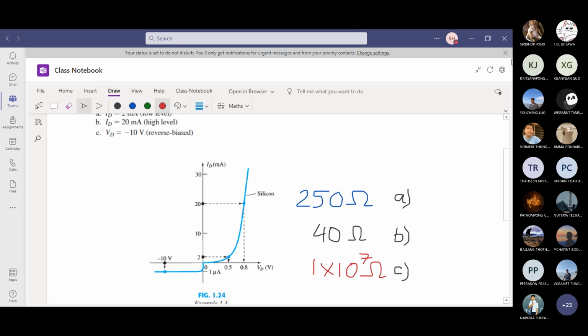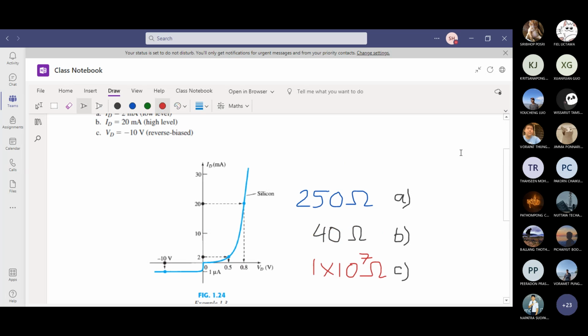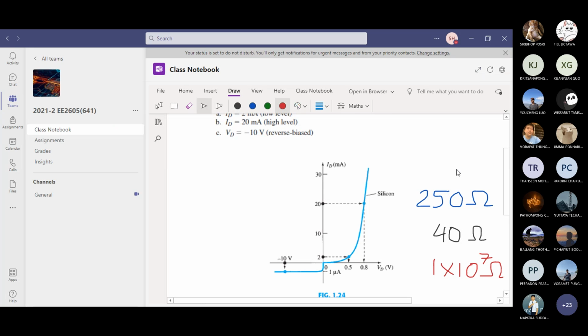This example is proving that in the reverse bias region, the diode acts like an open circuit, ideally. 10 mega ohm is almost like an open circuit. We cannot find infinity resistance in real life. 10 mega ohm is kind of like an infinite resistance, a real application of infinite resistor.